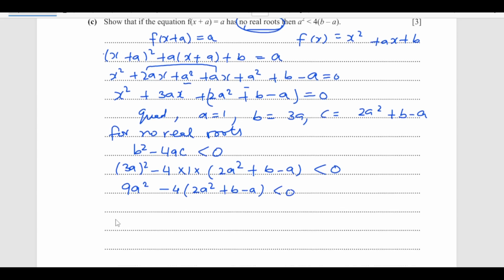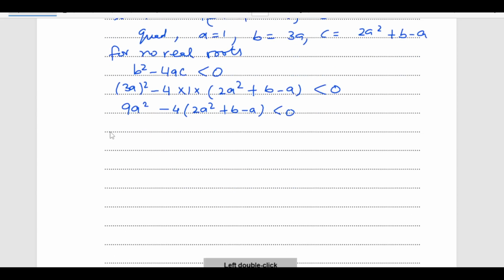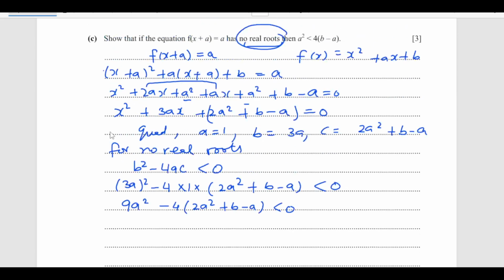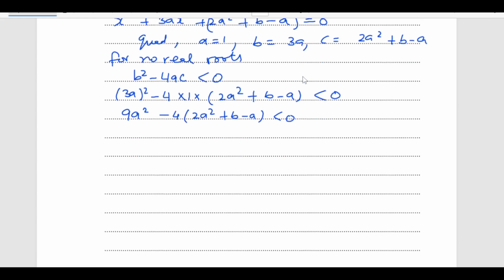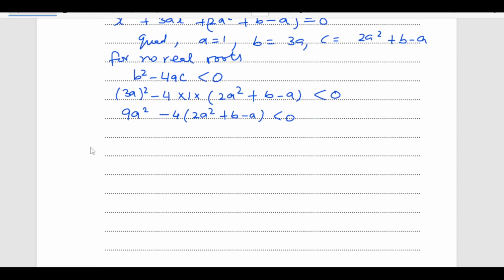Now, looking at these equations, you see we have to reach here. So, a squared is on the left hand side. I can do 9a^2 is less than, shifting everything to the right hand side, 4 times (2a^2 + b - a).